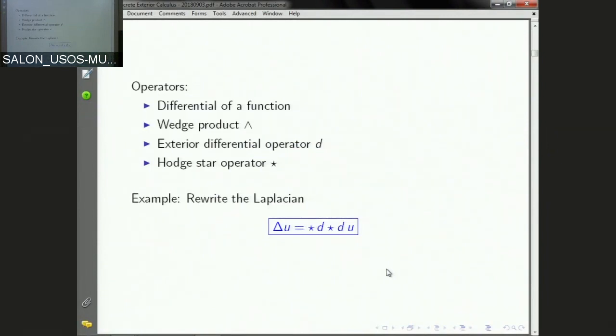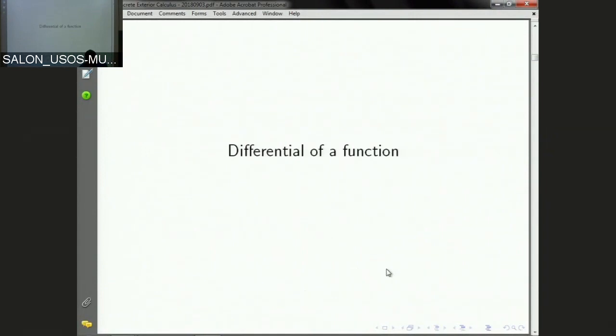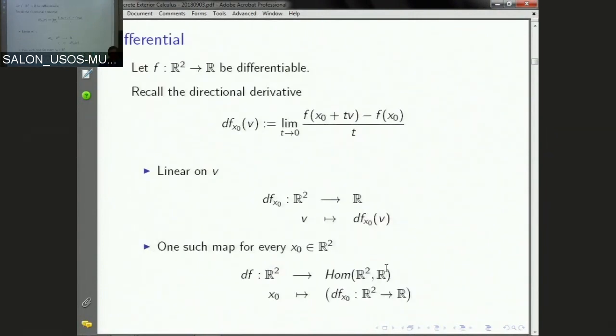I will introduce the differential of a function to show you that you already know the exterior derivative in some way. The wedge product, which most people do not know. In computer science, they do not know the wedge product. The exterior differential operator, which is the exterior derivative, and the Hodge star. And then I will rewrite the Laplacian. So hopefully I will manage to do it quickly and clearly.